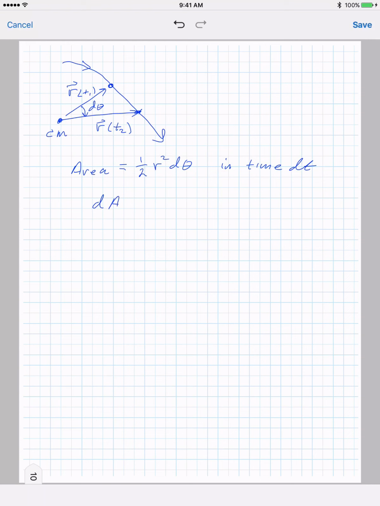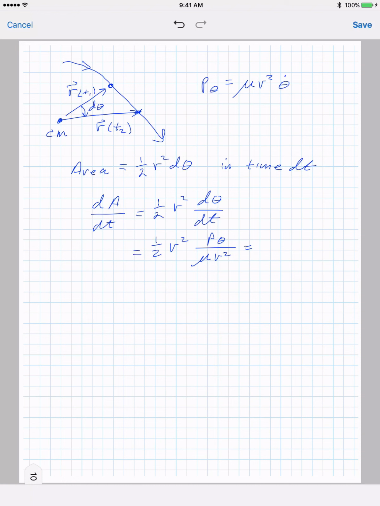So let me express this as a dA. The dA in a time dt is going to be 1/2 r² dθ/dt, which is θ̇. Let me re-express this θ̇ in terms of what we've learned before: the constant of the motion p_θ is equal to μr²θ̇. Plug that in, and what I get is 1/2 r² times p_θ divided by μr².